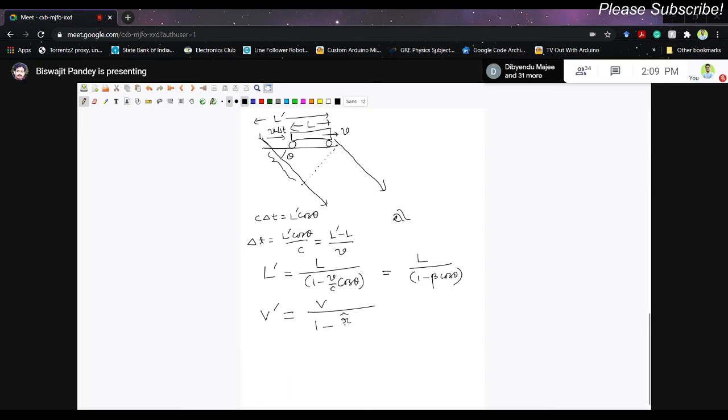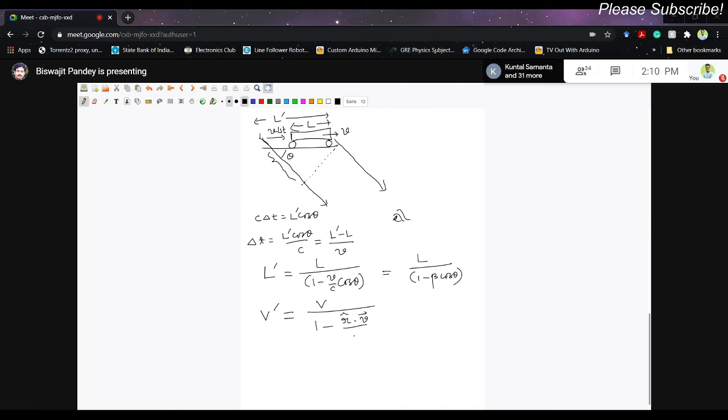In our particular example, r cap is the direction from the source point to the field point, and v is the velocity of the moving charge at time t_r. Beta is v by c, and r cap is the unit vector.